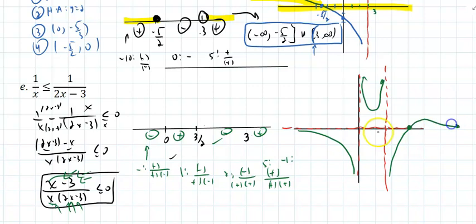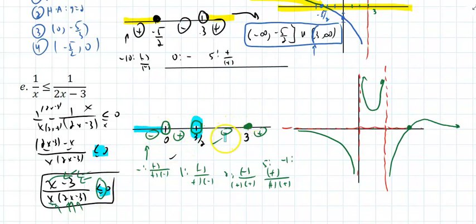There's the graph. So the graph-wise, but the catch is, when I look at this, I should know it is less than or equal. X could be a 3, that's not a problem. But since x equals 0 is from the denominator, and x equals 3 is from the denominator, that I can't have. I'm trying to figure out where this is less than or equal to 0, meaning negative.